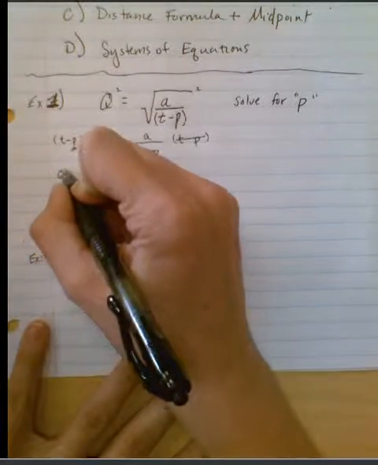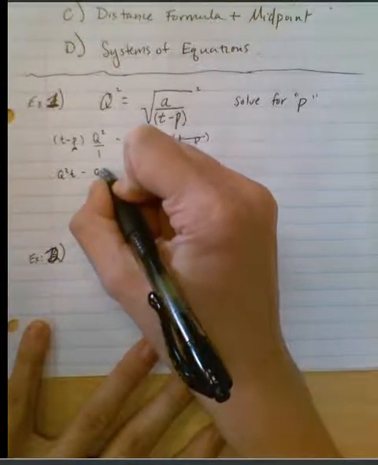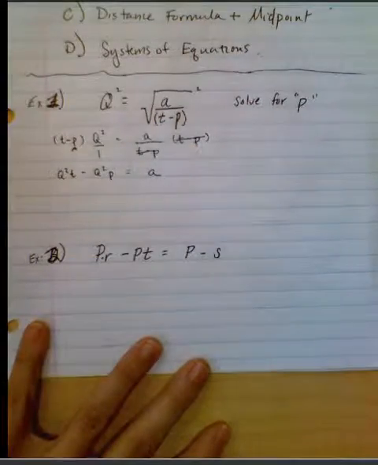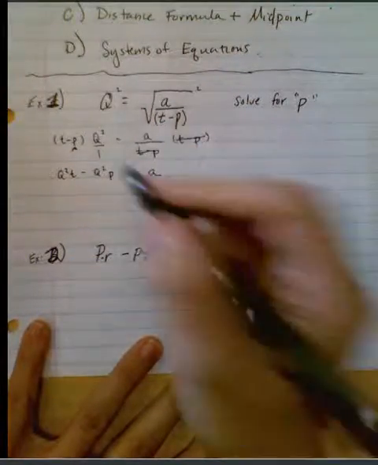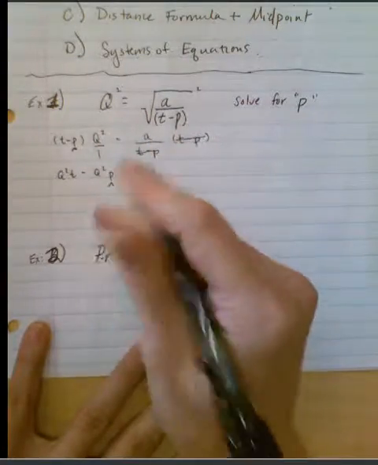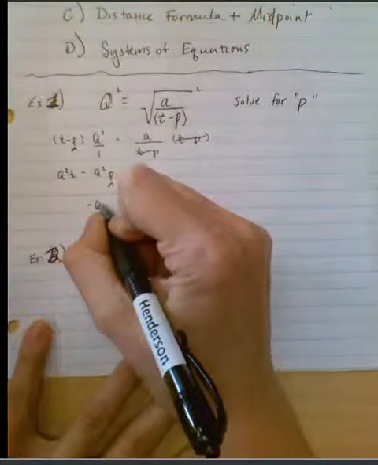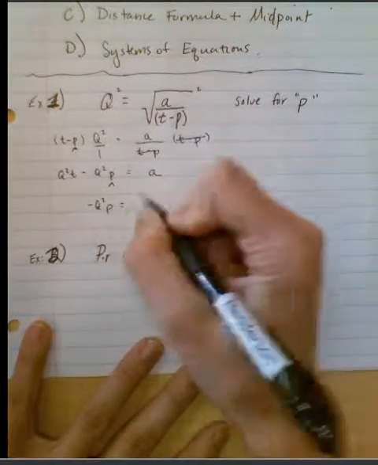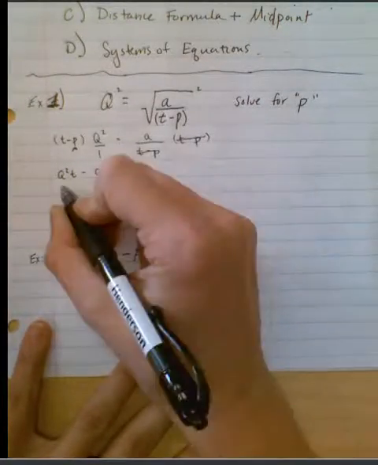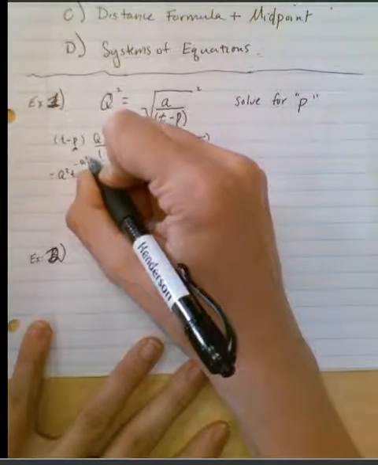So q squared t minus q squared p equals a. Well, still looking to get him by himself, so let's move this to the other side by subtracting it off. So negative q squared p equals a minus, so we have to subtract this positive value to get it out of here.